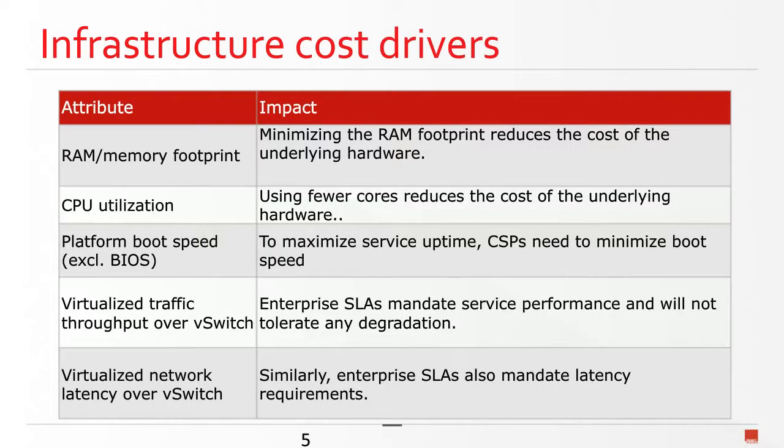And these costs really need to be considered in the context of performance, as, like we said, the enterprises are not going to tolerate any performance degradation. And because CSPs want the UCPE to be under the $1,000 price point of existing network appliances, RAM and memory and the number of cores really need to be minimized.